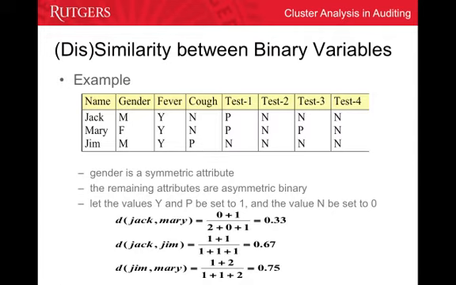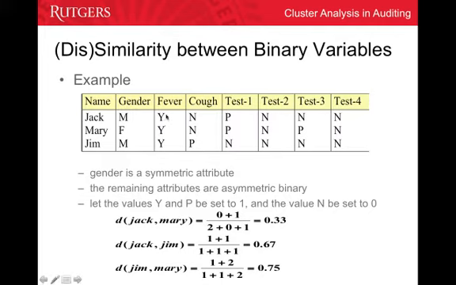In order to calculate the distance or dissimilarity between Jack and Mary, we first need to calculate the different values of these two data objects. We can see that the result of test 3 is different between Jack and Mary, so we have 1 difference here. Then we calculate the number of ones.